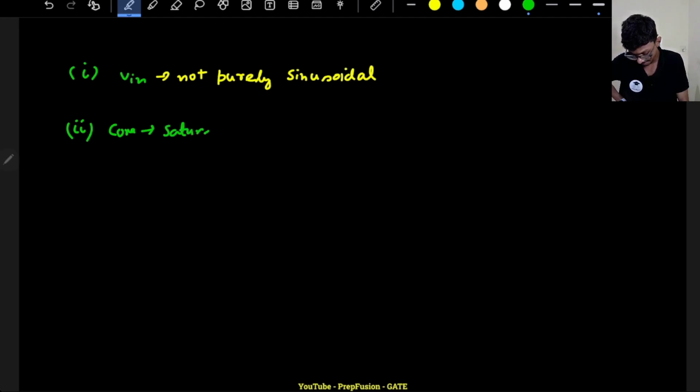If the core saturates, then also the induced voltage will contain harmonics.